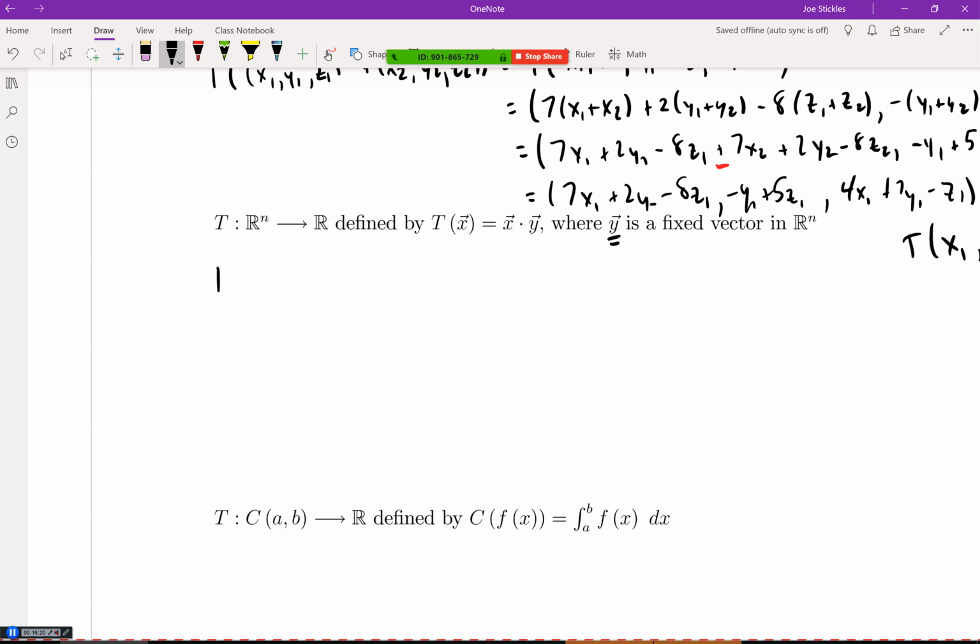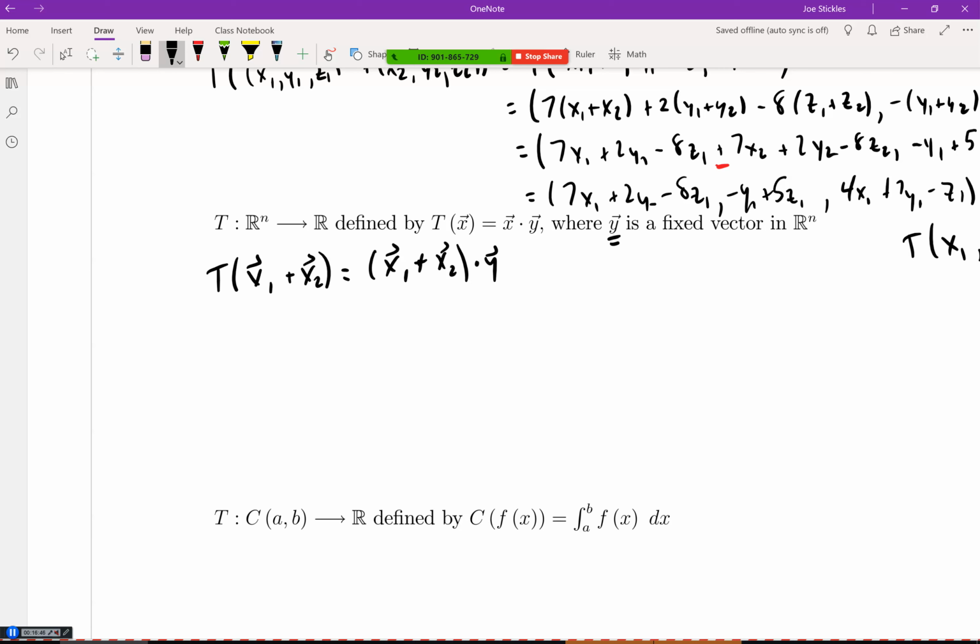So again, if I start with, say, 2 vectors, let's call them x1 and x2, and do the sum of those 2 things, I don't need to write out a whole bunch of symbols here because it just says I'm going to do the dot product of this sum with y.